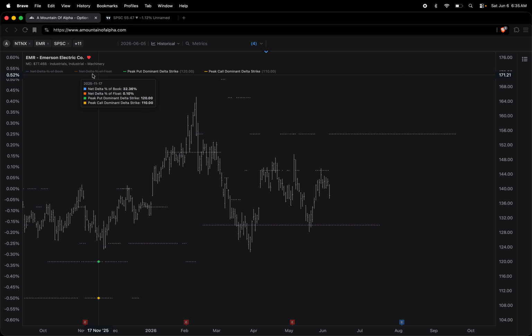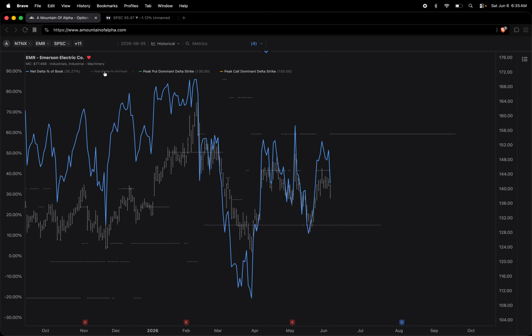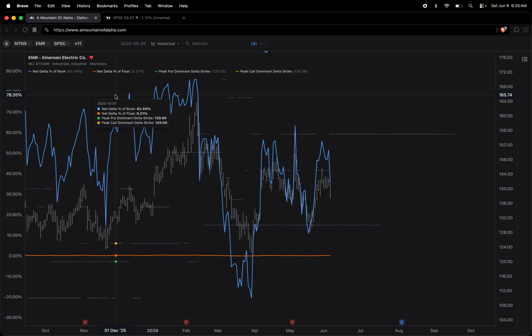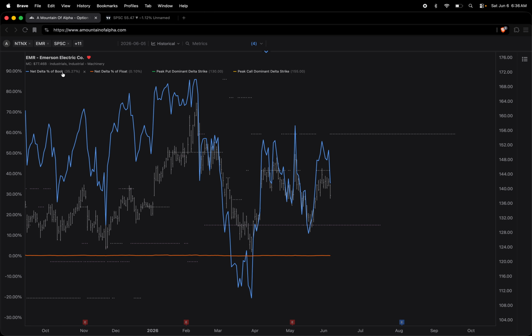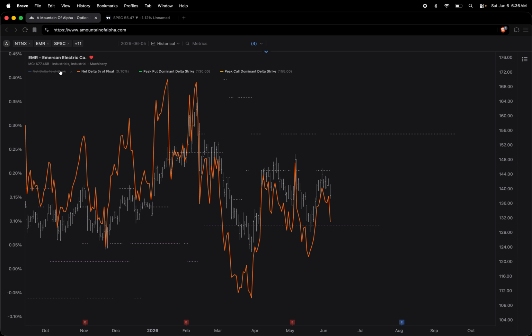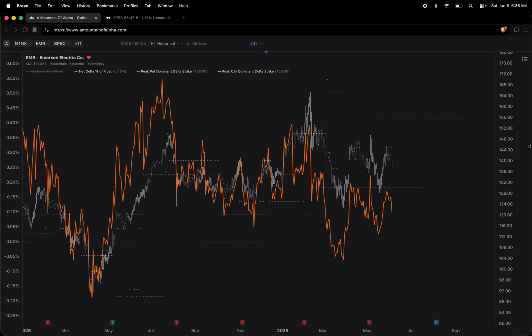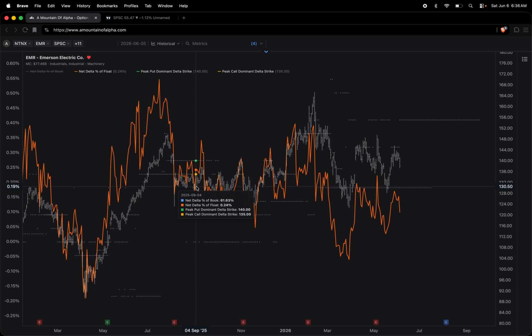And what I can do is I can turn on the tilt and the net delta like this. And obviously they're different metrics, so net delta percentage of float is going to be much smaller than the book tilt. So you get squashed. And I can't add extra axes because the TradingView charts don't really do that.